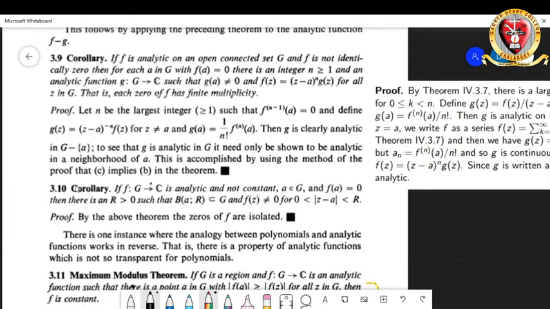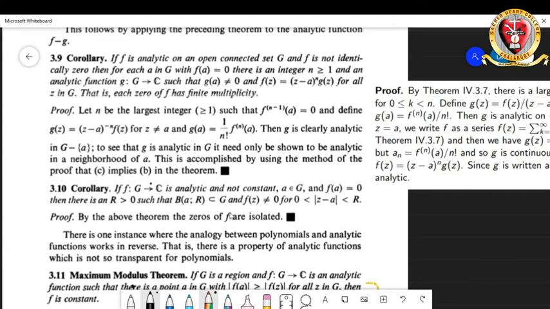And corollary 3.10 gives us the assertion that if we have an analytic function which is non-constant and f of a is equal to 0 at a point in the domain, then there exists an r strictly greater than 0 such that f of z is not equal to 0 for all points inside the open disk, that is, 0 less than modulus of z minus a strictly less than r.